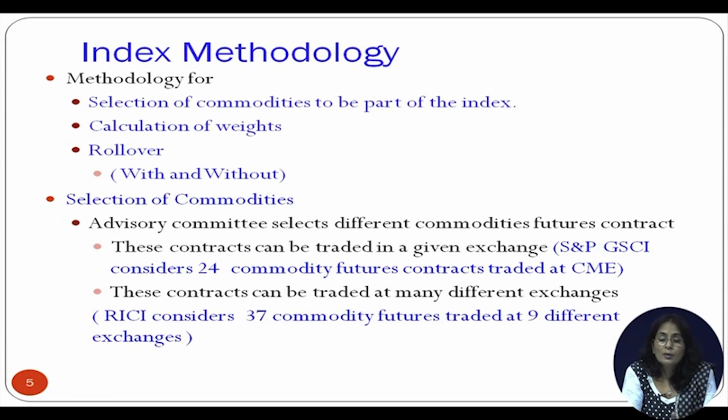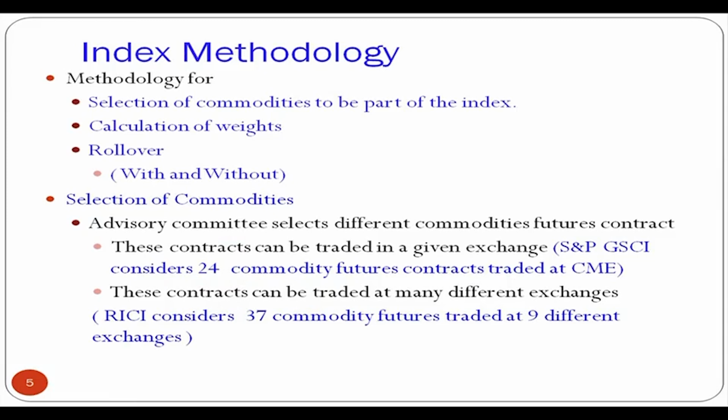Suppose a near month futures contract has been used to calculate the index value as of today; after some point of time that contract is going to end. So the next question is, how do we take this aspect into consideration? This is done through a mechanism called index rollover.